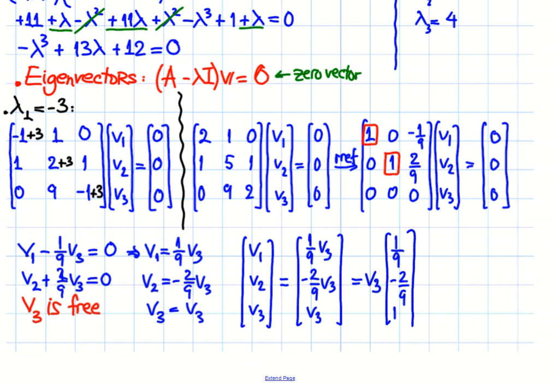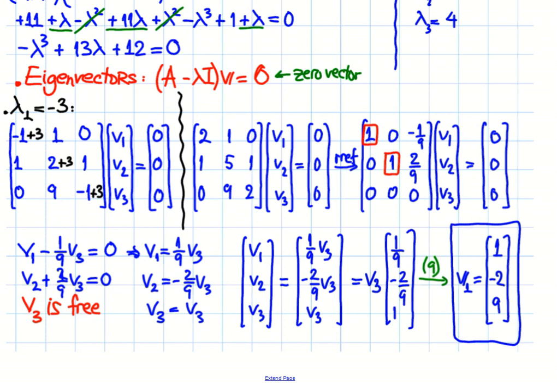If we want to, we can choose this to be the eigenvector. But an eigenvector spans the whole line, so we can choose something nice and even. What I usually do is multiply everything by 9. And so we have the vector 1, negative 2, and 9. Let's call that V1, eigenvector 1, corresponding to the eigenvalue of negative 3.